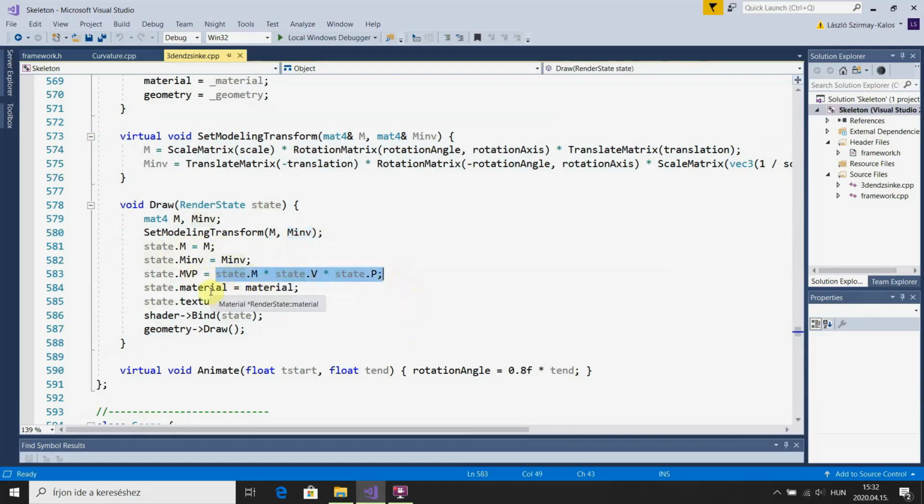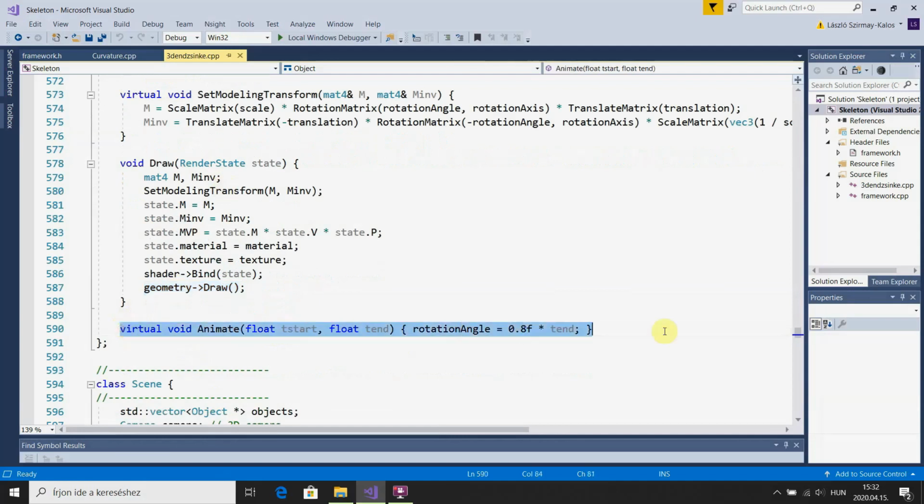The material in the rendering state will be the material of this particular object, so is its texture, and we call the shader's bind function to activate the supplied information in uniform variables of that particular shader program. Finally, we call the geometry's draw function to trigger the GPU to send the VAO and its VBOs through the rendering pipeline.